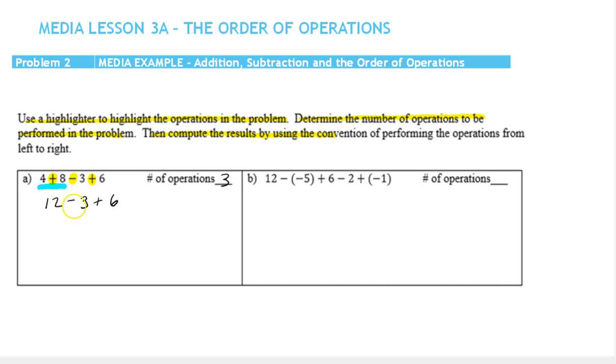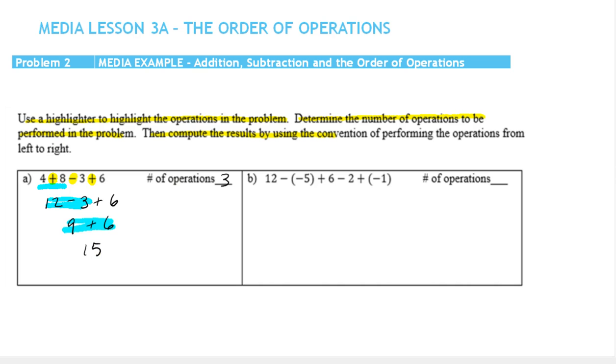Next we have subtraction, so we need to do 12 minus 3. Well, 12 minus 3 is 9. Now bring down the rest of the problem, plus 6. And this is our last operation to perform. We have addition with 9 and 6, and the result is 15.